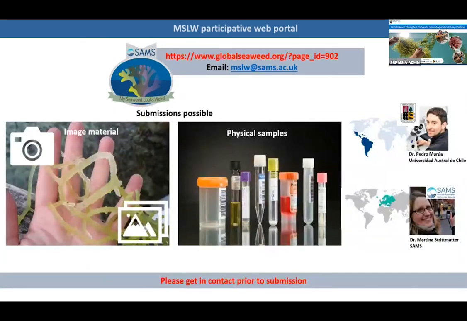Furthermore, we encourage the submission of material. Such submissions can consist of image material, which documents the unhealthy, unusual-looking alga, or even physical samples. My colleague, Dr. Pedro Murua from the Austral University of Chile, is in charge of samples coming from Latin America, and I'm in charge of samples coming from Europe and the rest of the world.